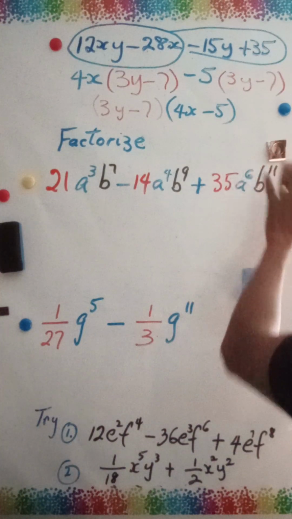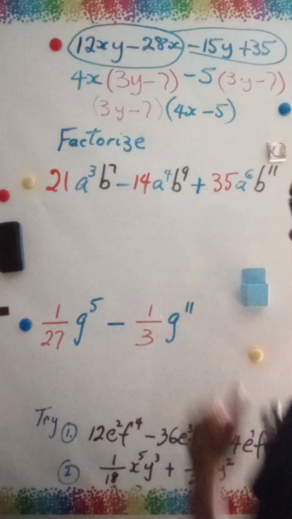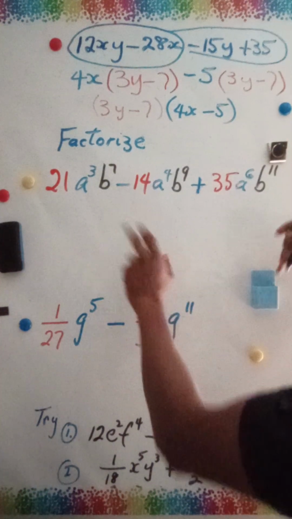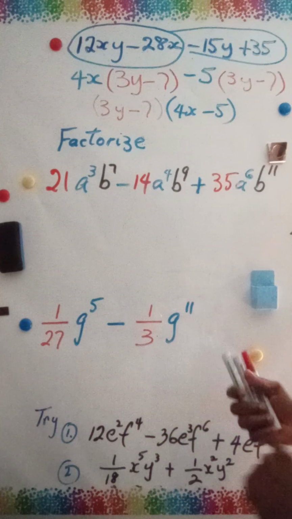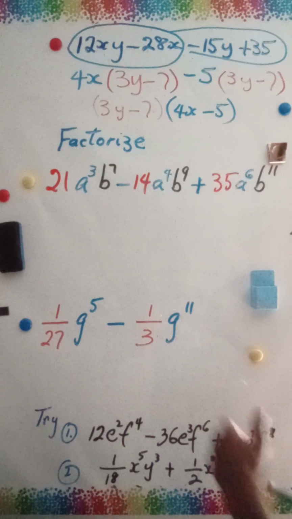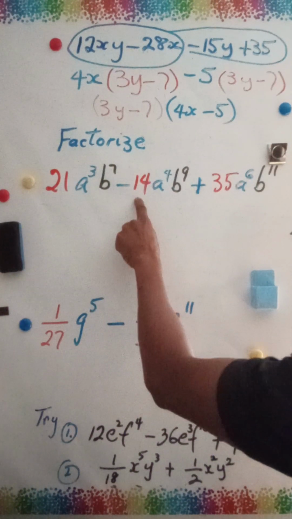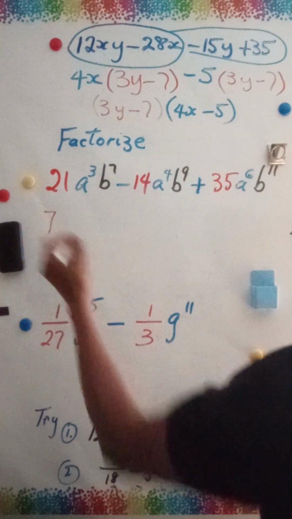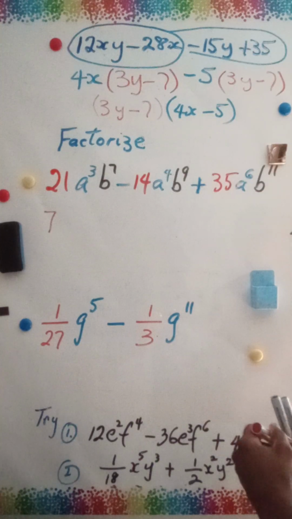Now for today, we have these systems existing here, and you're being asked to factorize. So we have the color codes to help us. The first thing that you're going to note is that for 21, 14, and 7, the HCF is 7, from your 7 times table.